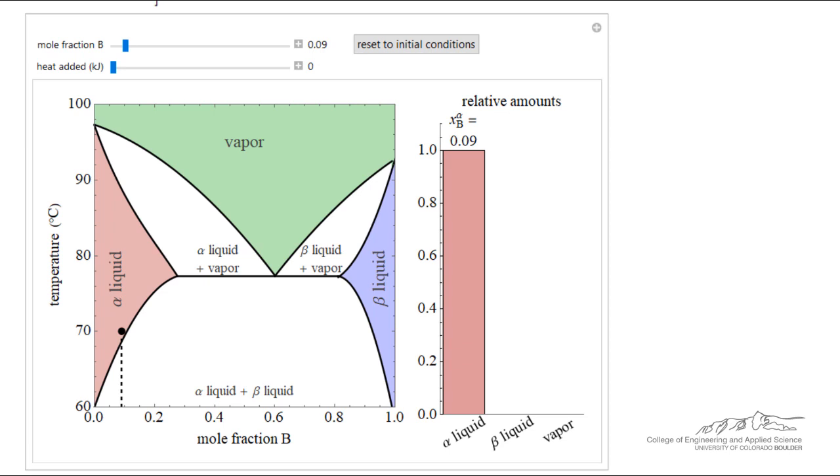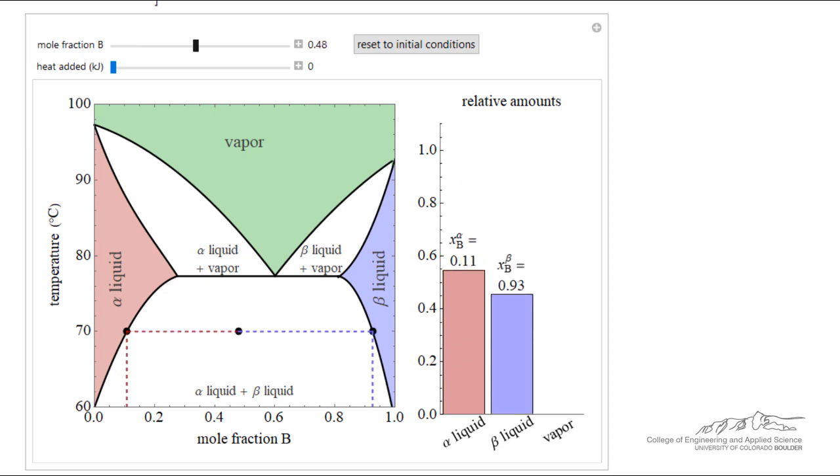If I were to add additional B to the system, increase the mole fraction, let's move to here. Now this point in this white region corresponds to two distinct phases. The alpha phase has a mole fraction of component B of 0.011, and the beta phase has a mole fraction of B of 0.93.